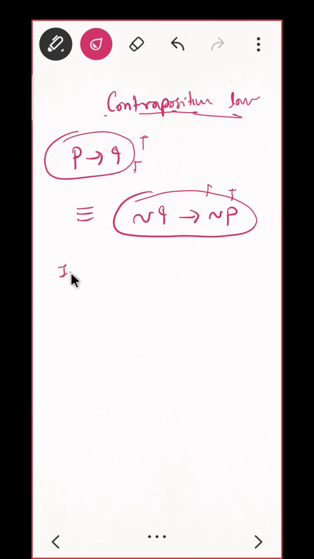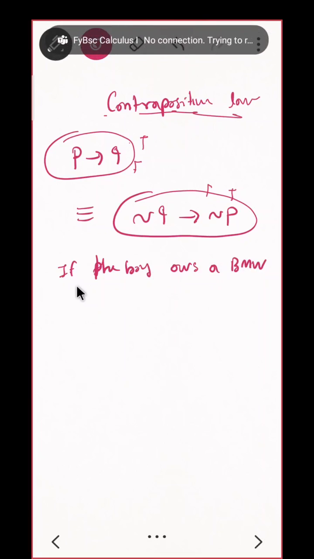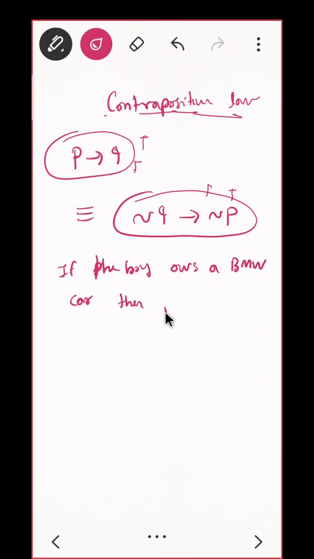Suppose I say, if the boy owns a BMW car, then he is rich.